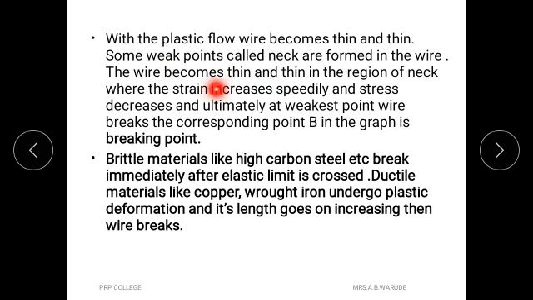As the wire becomes thinner in the region of the neck, the strain increases speedily and stress decreases, and ultimately at the weakest point the wire breaks, and that point is called the breaking point.